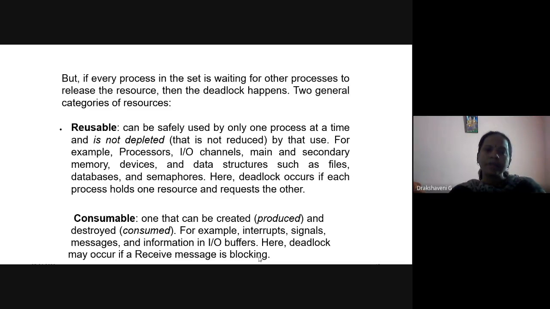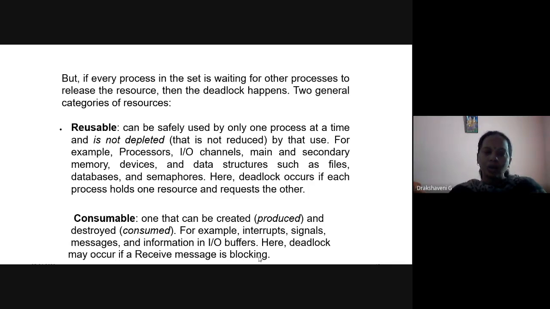Reusable is what can be safely used by only one process at a time. When you call, you can call only one of your friends. Now technology has improved; you can call many people, keep a call on hold, then connect to others. But this is the general basic one.